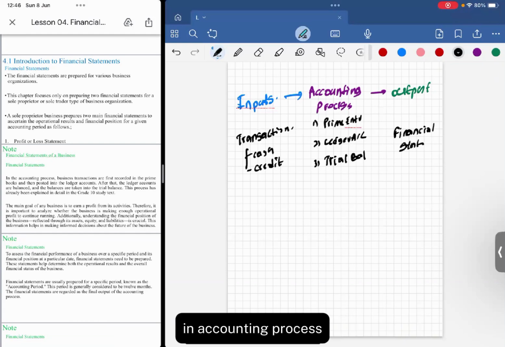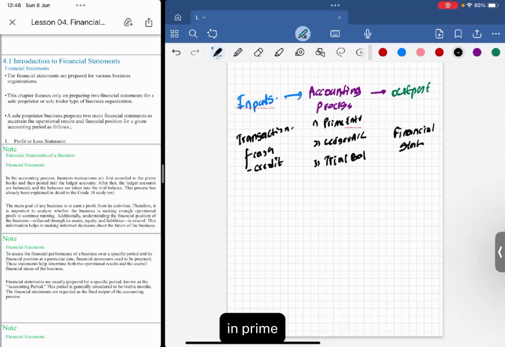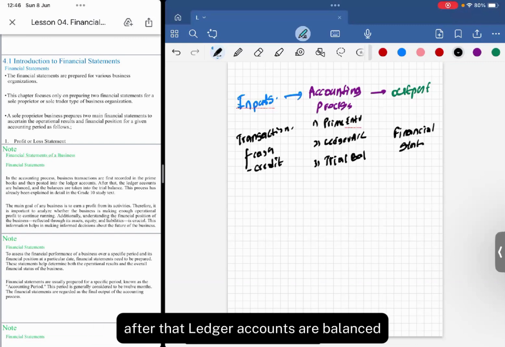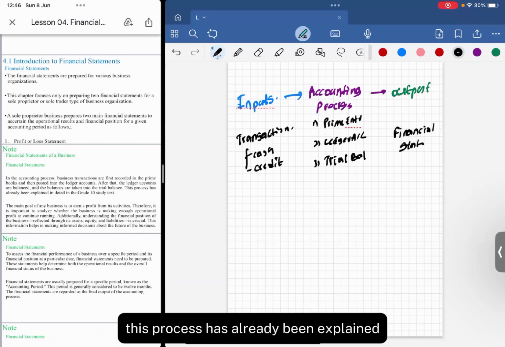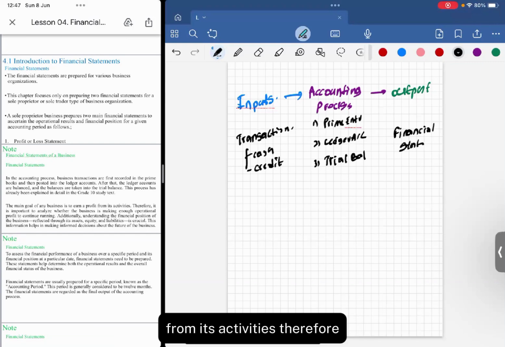Okay, in accounting process, business transactions are first recorded in the prime entry books, and then posted into ledger accounts. After that, ledger accounts are balanced and then balances are taken into trial balance. This process has already been explained in detail in the grade 10 study text. The main goal of any business is to earn profits from its activities.